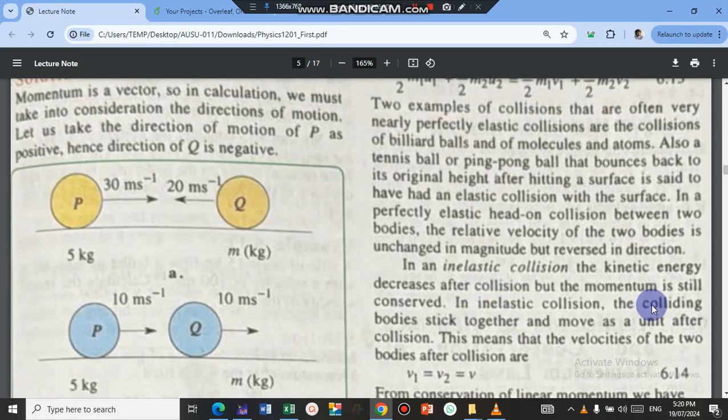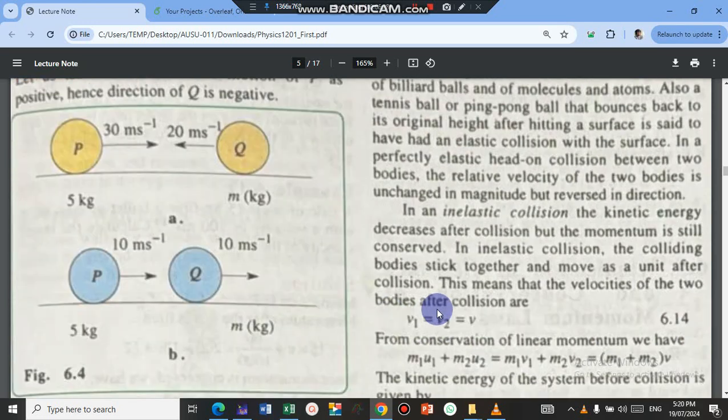In a perfectly inelastic collision, the colliding bodies stick together and move as a unit after collision. In some books we call this a perfectly inelastic collision. After two objects collide with each other, they stick together and move with a common velocity.